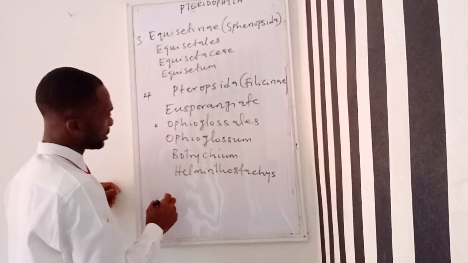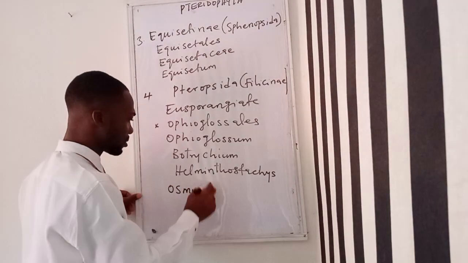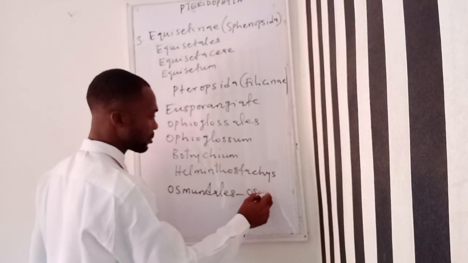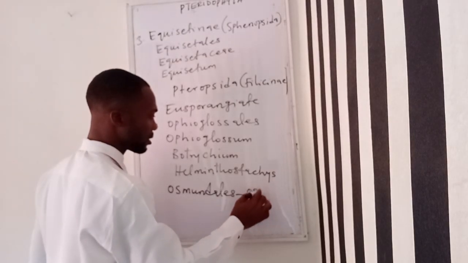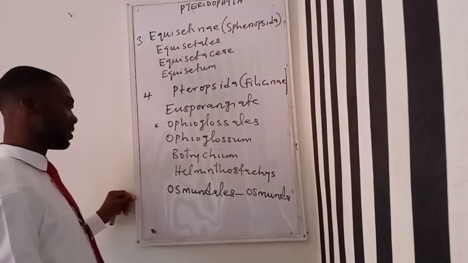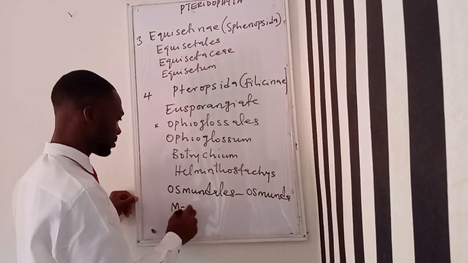Then the second order will have the Osmundales. Here we have for example Osmunda. Then we'll have the Marattiales.